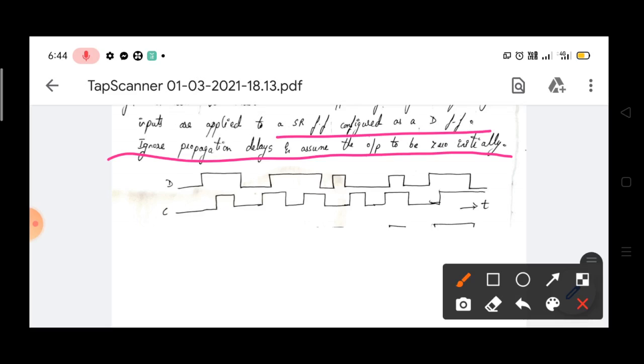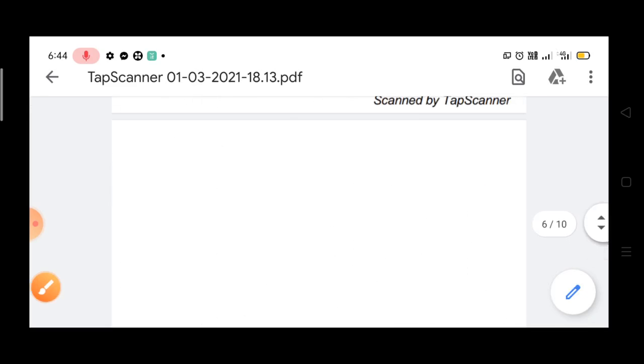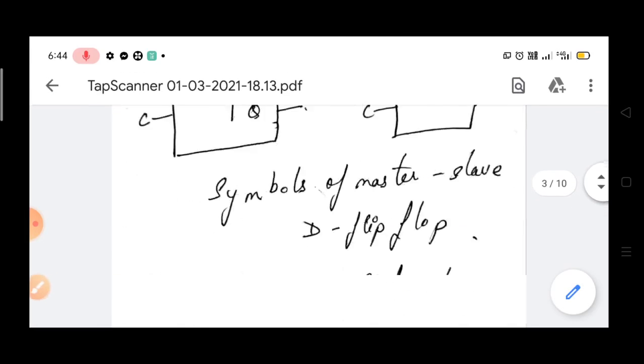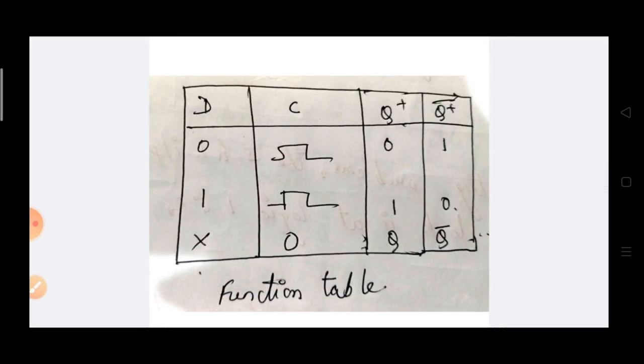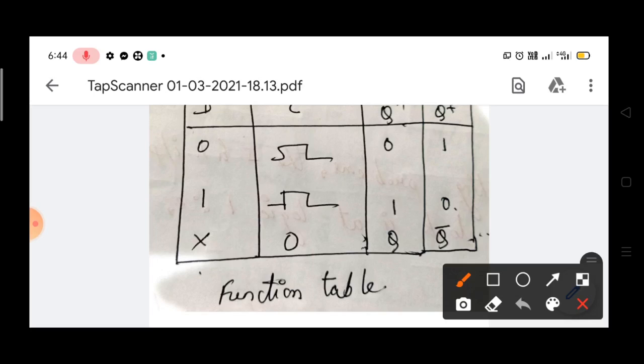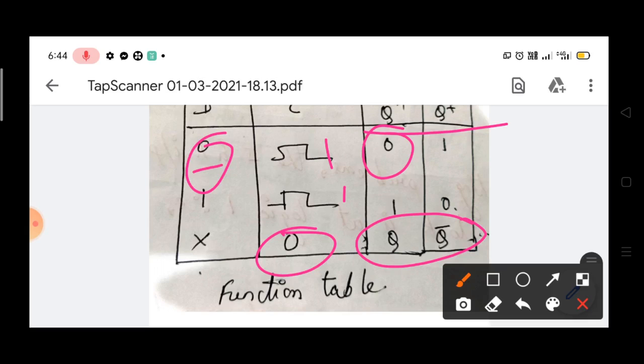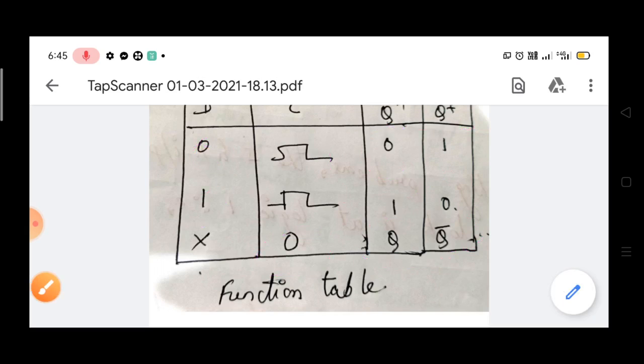For this, the basic thing is we have to keep this function table in mind. According to this function table, our present output will be the same as the previous output if the clock is low, and the flip-flop works when the clock is high. We know for a D flip-flop, the output follows the input.